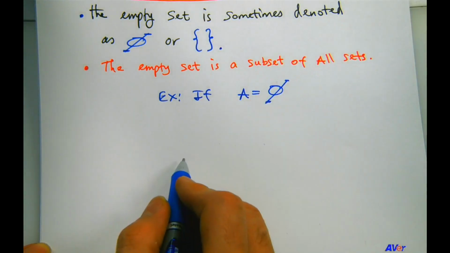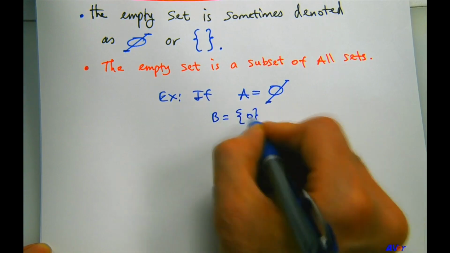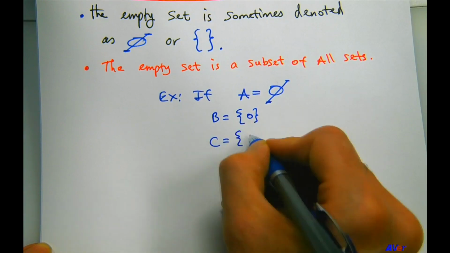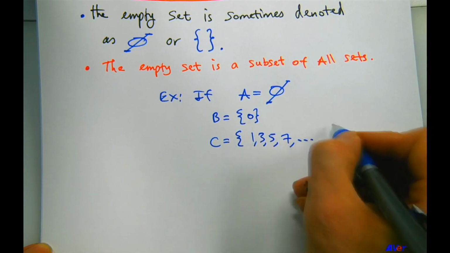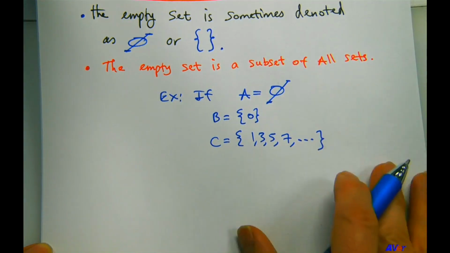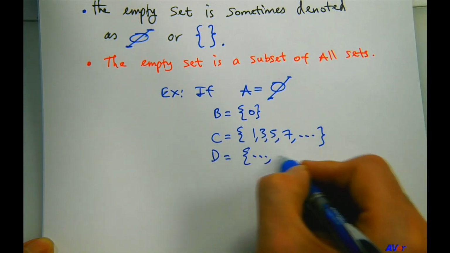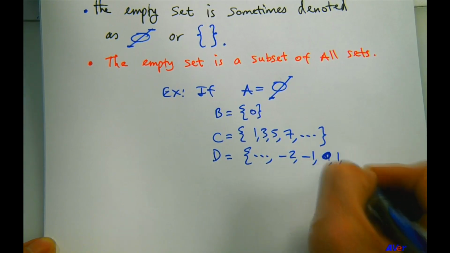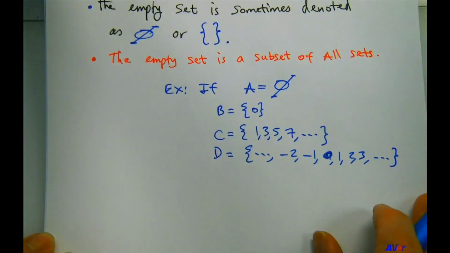If that's the case, and B is this set with zero as the only element, and C another set with these, and D, oops, that's 0, 1, 2, 3, like that, right?